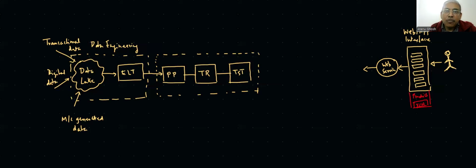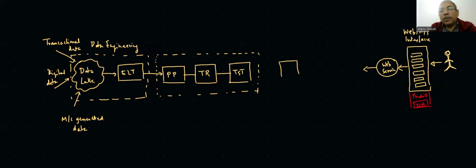Now, if the same treatment is not given to this particular input data, then the model will not work on this data, because the model is trained to work on data that is already pre-processed. So that means the same set of pre-processing has to happen on this side as well. Okay, so let me just put the element on the other side.